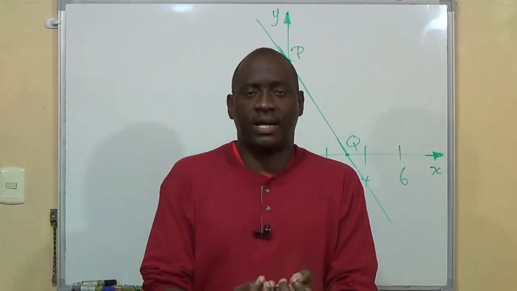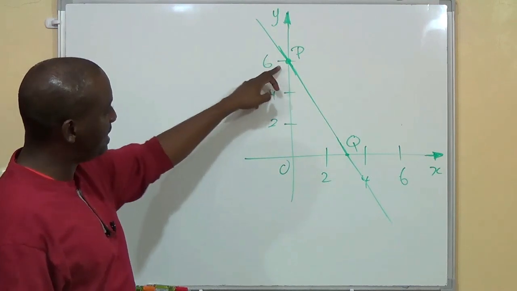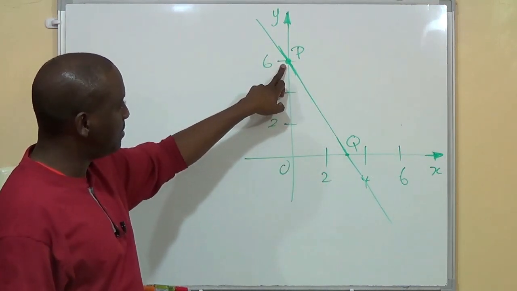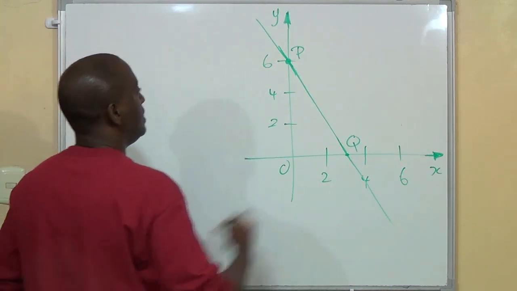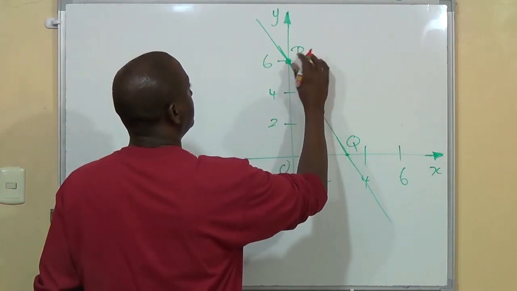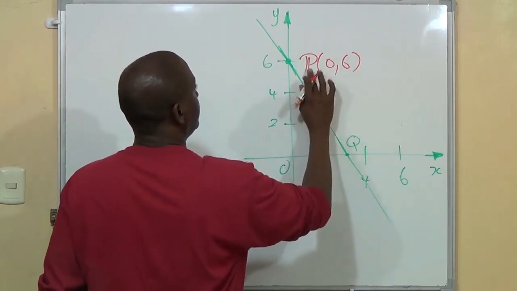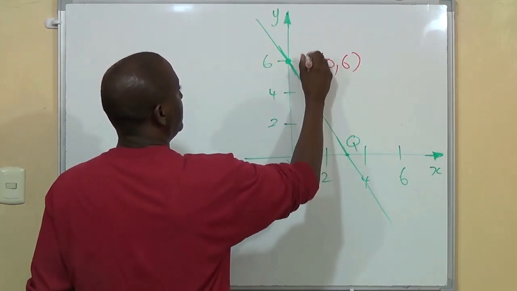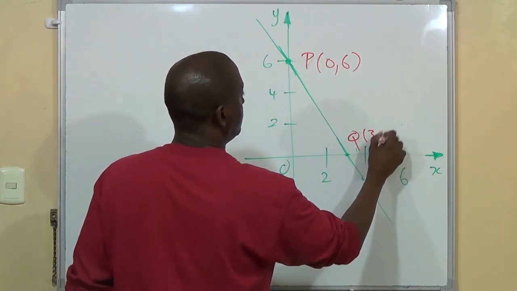But by giving you a diagram, one, it allows you to actually see the points. Well, it's clear that this is the point (0, 6), and I'm going to write them in here just for explanation. This is the point P (0, 6). They didn't give the coordinates, but I put them in here just for explanation. And this is the point Q (3, 0).